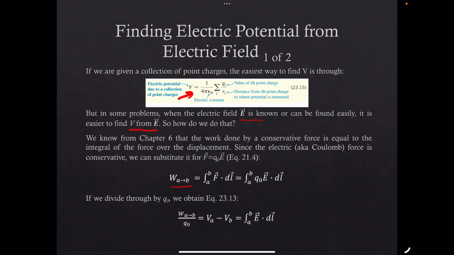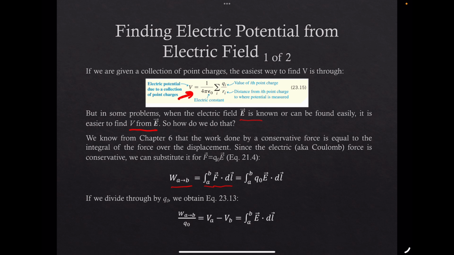The strict definition of work done by any force, whether it's conservative or not, is going to be the integral of F dot dl, where dl is the displacement that we're moving along the force direction. And if that force is not constant, we're going to have to do an integral, okay? We're just writing the most general form of work done. So don't let the integral scare you, right? This is just the most general form of work done, integral F dot dl.